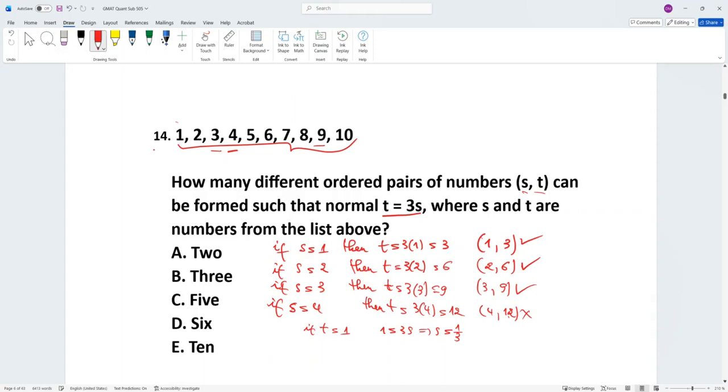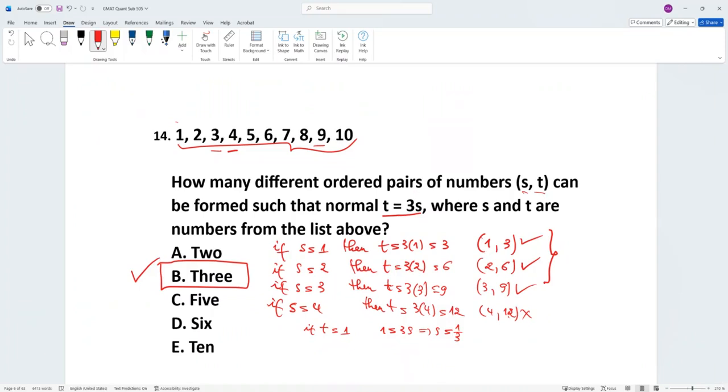But we don't have 1 over 3 in the list. So we only have 3 ordered pairs here. Our answer should be answer B. We can only form 3.